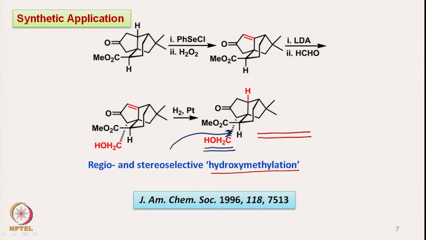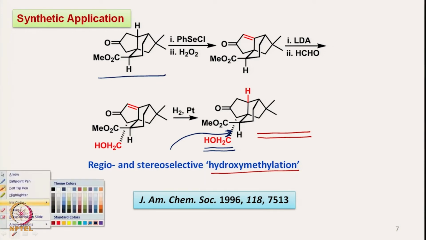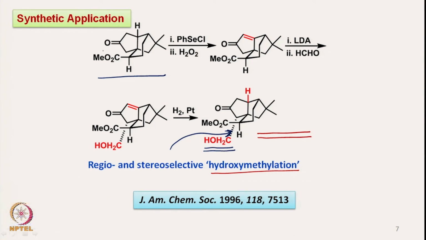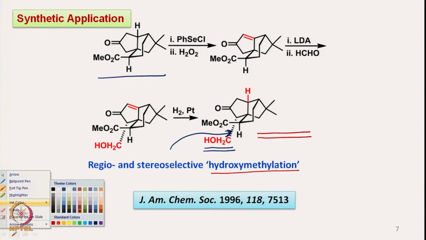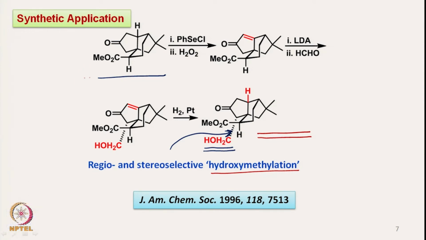substrate. Now, if one starts with this particular tricyclic ketone, one can easily see that if one wants to introduce a hydroxymethyl group at this particular carbon atom, at this carbon atom here, then one also has to see that this carbon, which is alpha to the carbonyl group, is also available for functionalization.